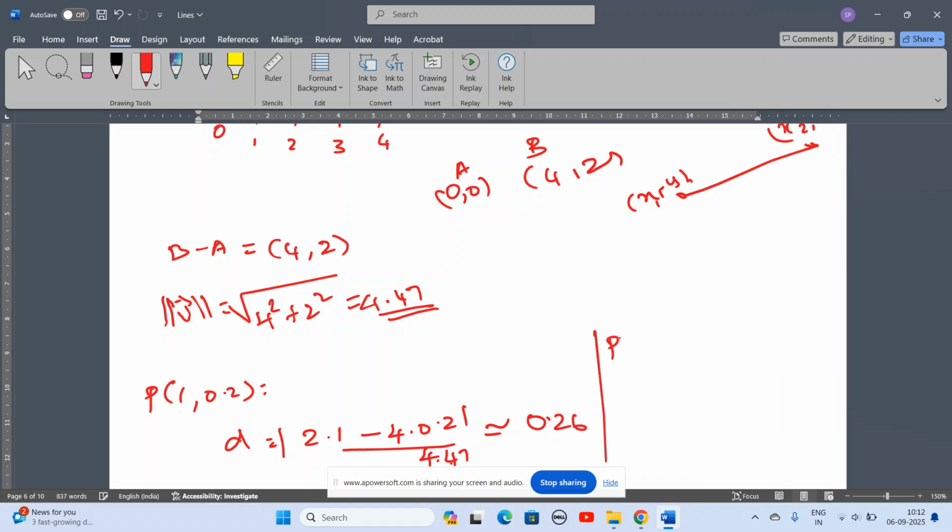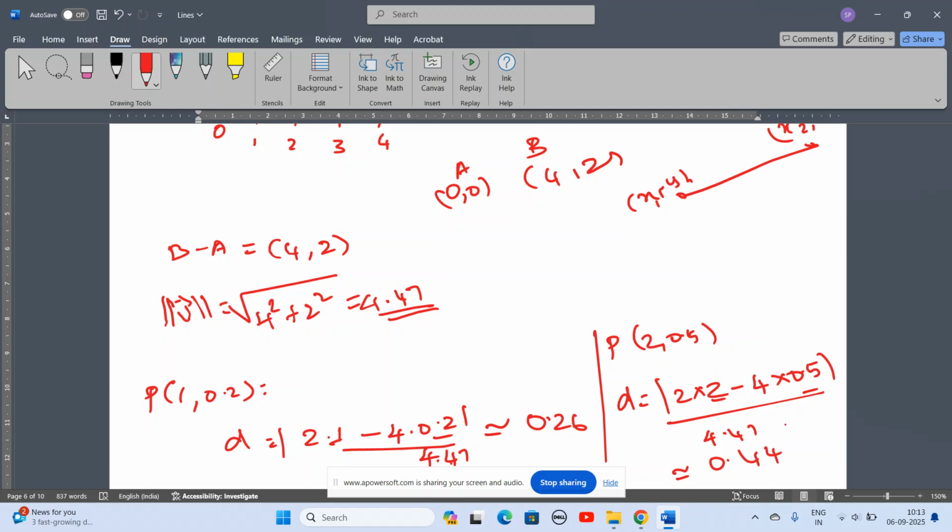Find the next intermediate point. The second intermediate point is 2 comma 0.5. The distance would be 2 into 2 minus 4 into 0.5, similar to this one. Only the point values are changed, divided by the same 4.47. I'll get a value approximately equal to 0.44.